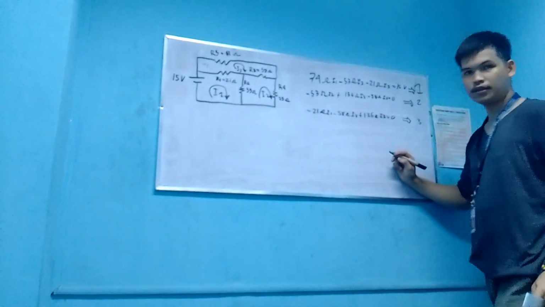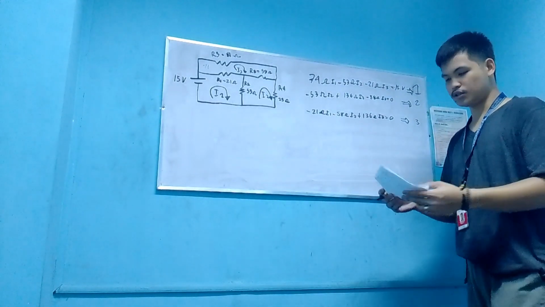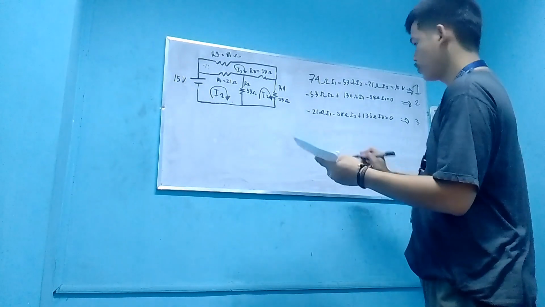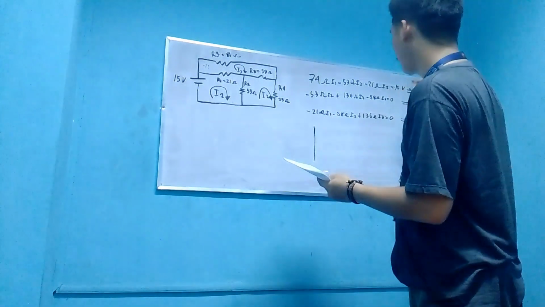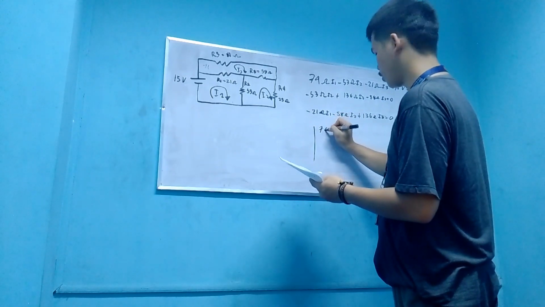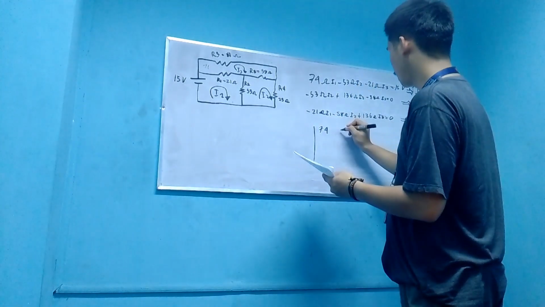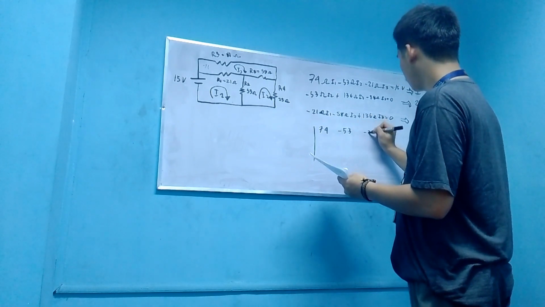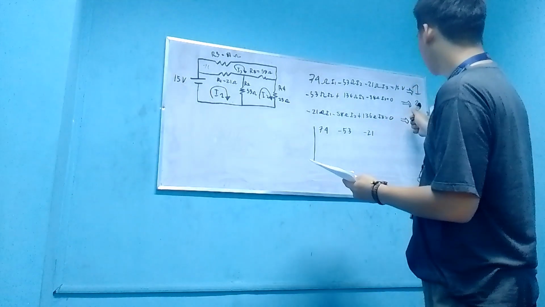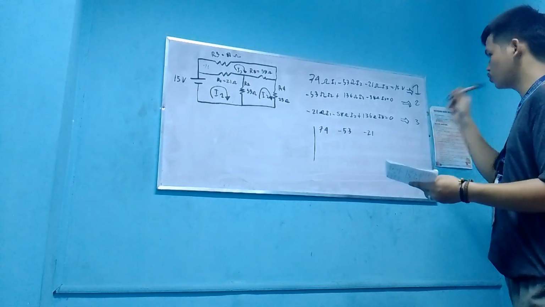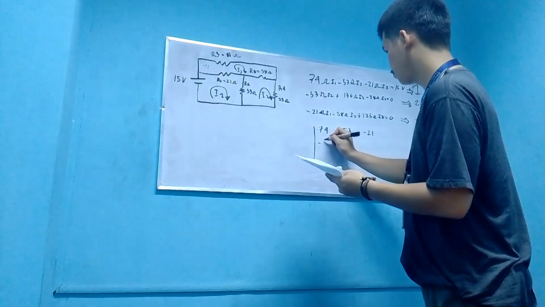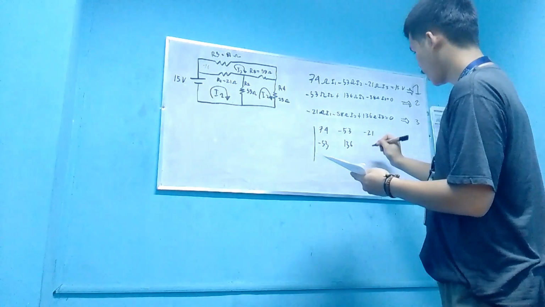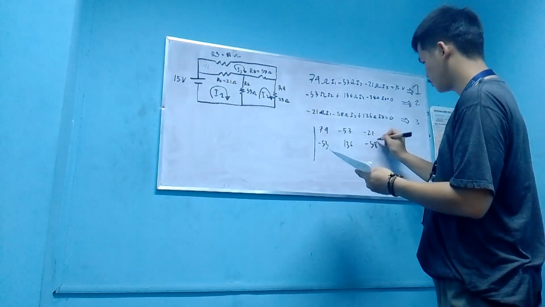We're going to solve for delta by using matrix in our calculator. So first equation is our loop 1. So we have 74 and negative 53 and negative 21. And our loop 2 or equation 2 is negative 53 and 136 and negative 58.